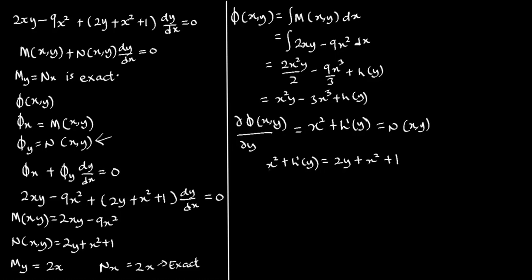From here, you can see that x squared is common to both sides, so h prime of y is equal to 2y plus 1.